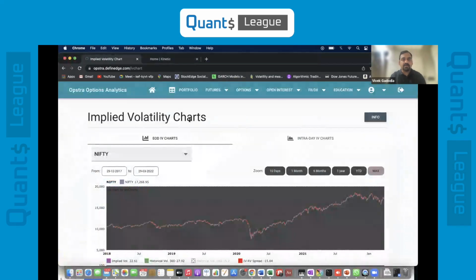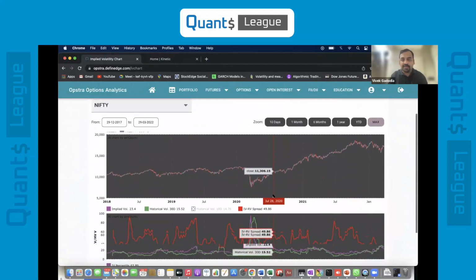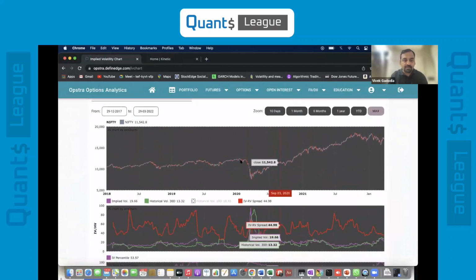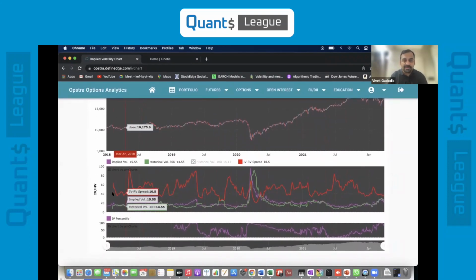This is a plot of Nifty for about 3-4 years, on a tool called Opstra. You can see the plots here. This purple line is the IV, where the values normally range around 18 to 20.